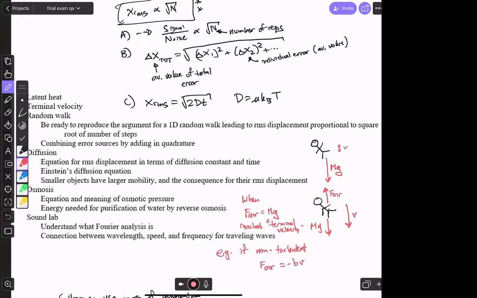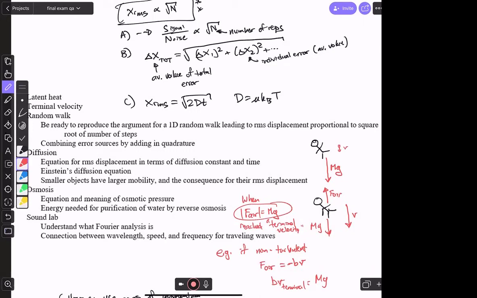It's usually written as minus b times v. When I write this, maybe I should put absolute value signs around the F air. So b v terminal would equal mg. And so you could solve that for the terminal velocity, if you needed to. You'd have to be given the value of b.